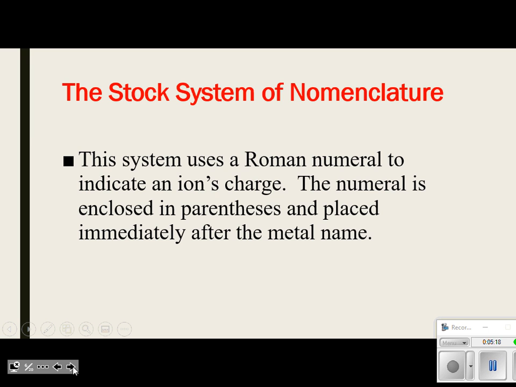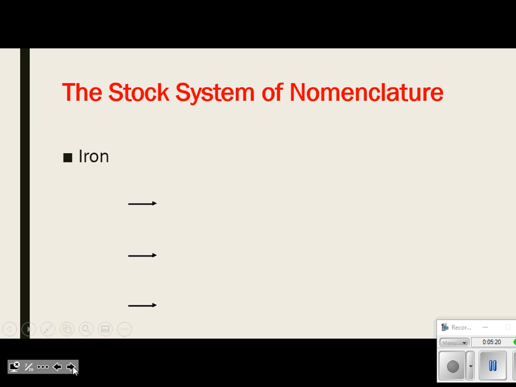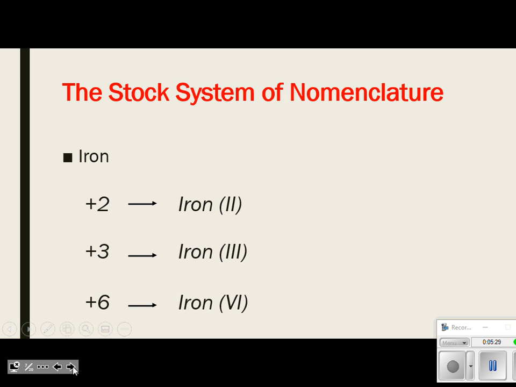The ion's charge would be 4 plus. Iron 2, iron 3, iron 6, VI, 5 and 1, 6. So those Roman numerals in the parentheses are what we call the stock system of nomenclature.